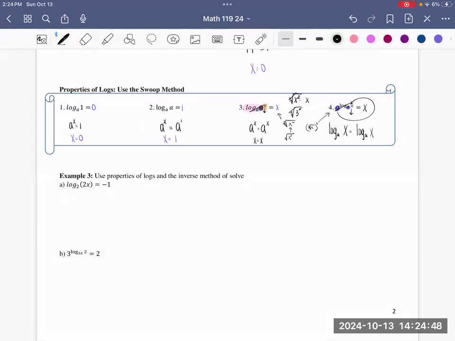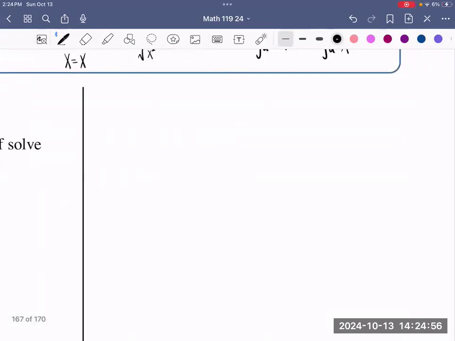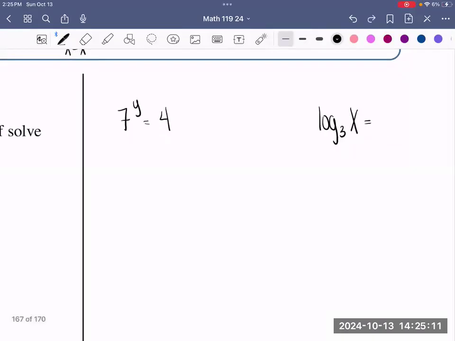Now, before we move on to example 3, I'm going to have you try a couple quick questions. Let's have you try 7 to the y is equal to 4, log base 3 of x is equal to 9, and one more, 7 to the 4x is equal to 2.